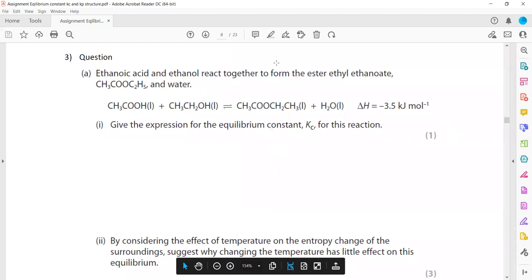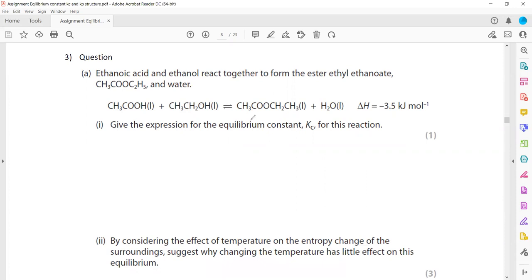So ethanoic acid and ethanol react together to form the ester ethyl ethanoate. We need the expression for Kc for this reaction. So what will be Kc? Kc is equal to the product divided by the reactant. So what is the product? The product is the concentration of CH3COOCH2CH3.